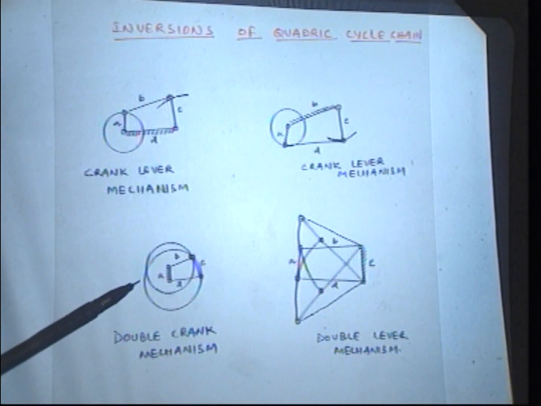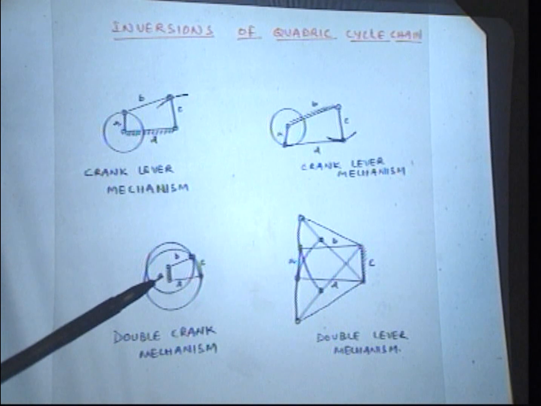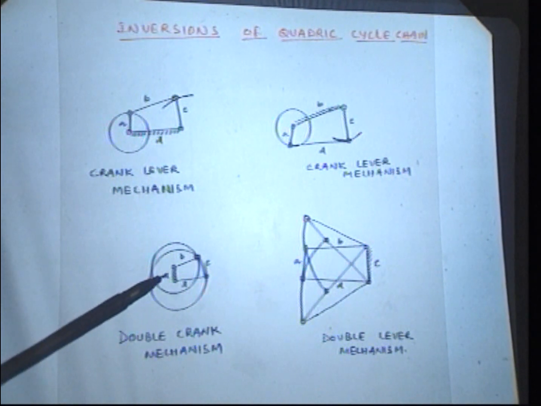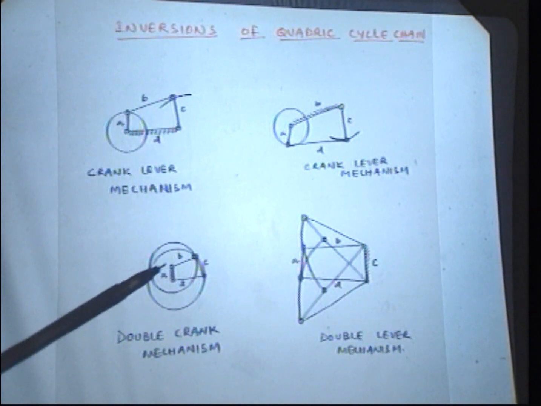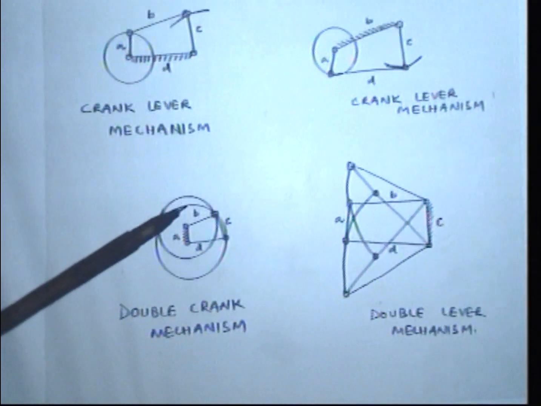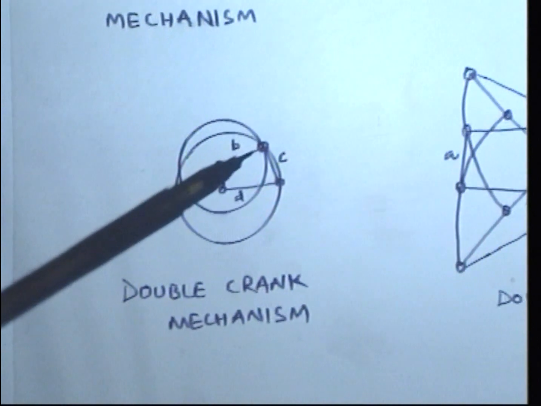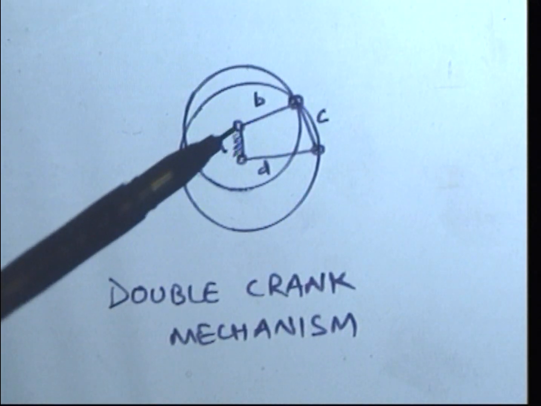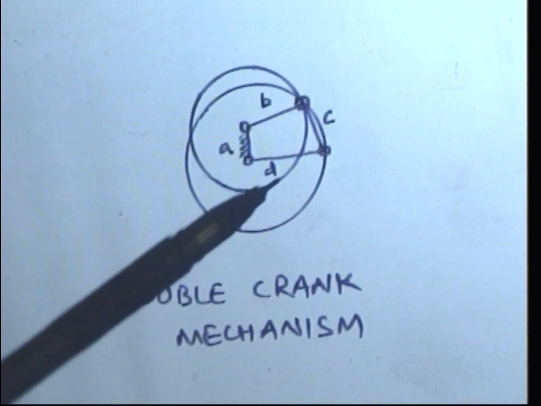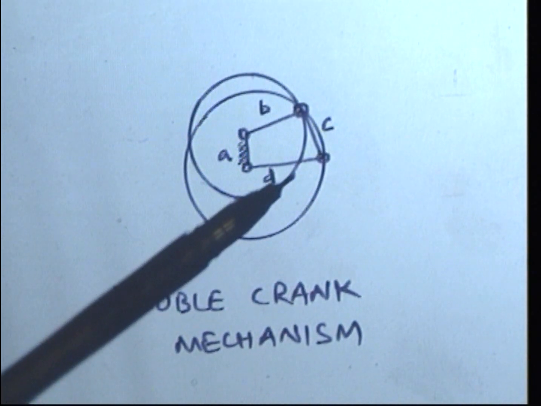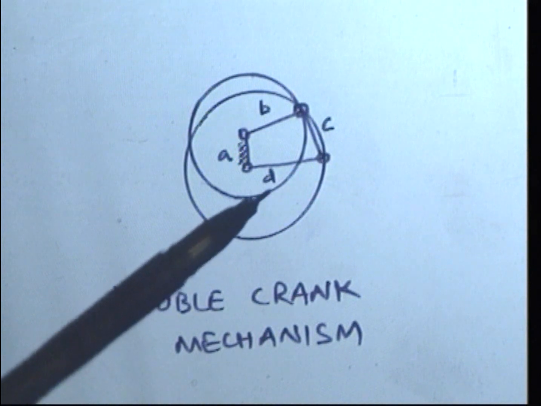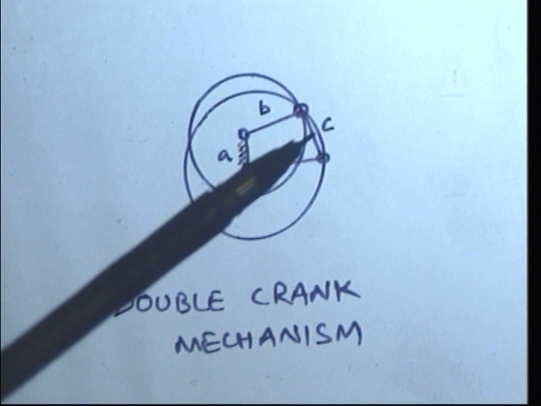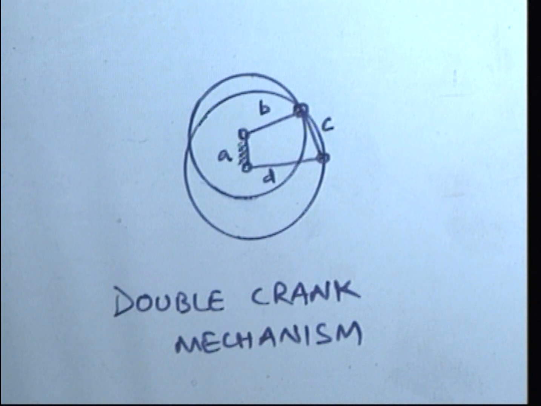In this figure, link A of the 4 links is fixed, and as you see here, link B is having rotary movement about this pivot, and link D is also having a rotary movement, and link C is also observed here.